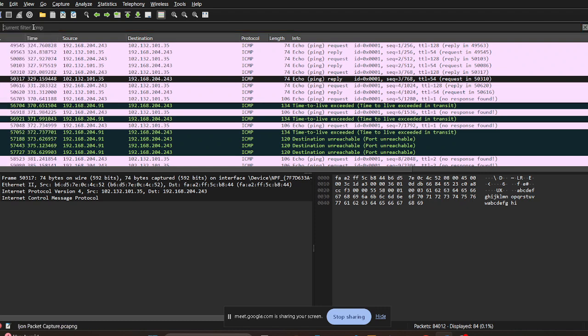I don't think we visited any website that day through any browser, otherwise it would have been captured here. If you filter with HTTP, you will see all the ones that are HTTP protocol.